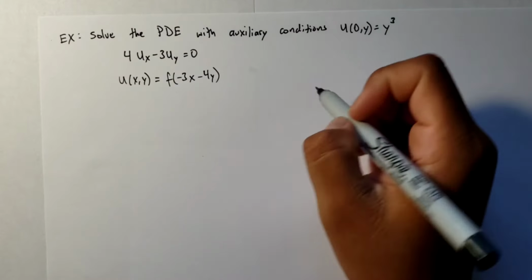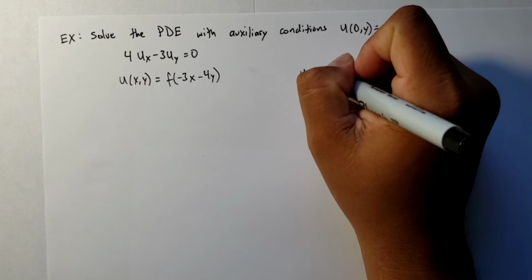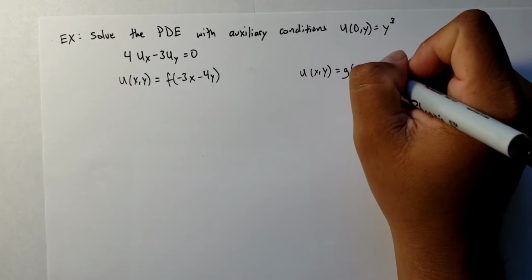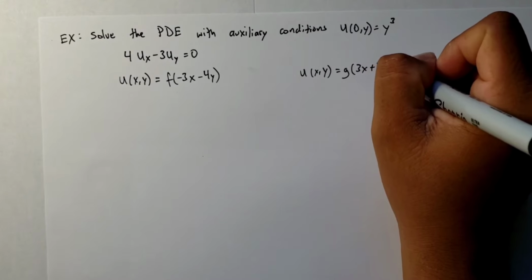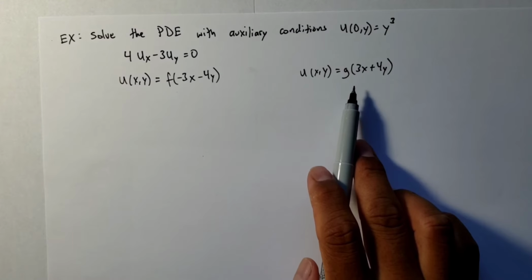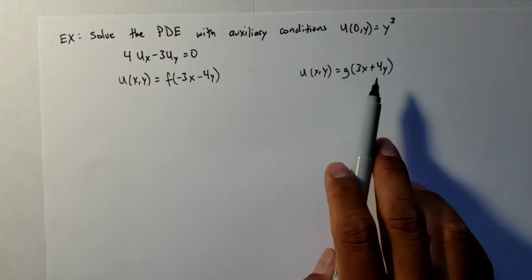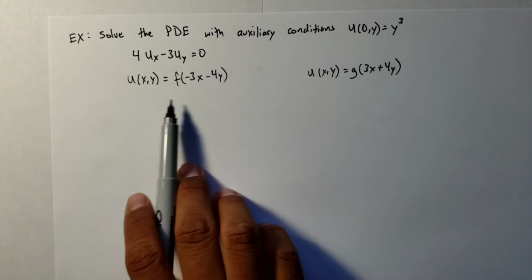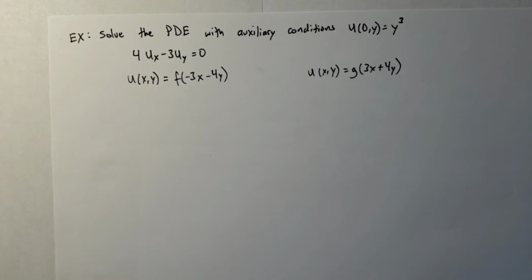So u of x, y can also be a different function, maybe g, of 3x plus 4y. In this case, I factored out the negative from both terms and got a new function, g. But let's do it the first way first, where this actually takes longer.